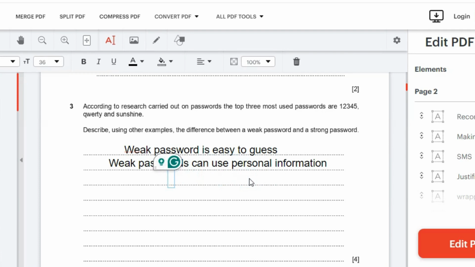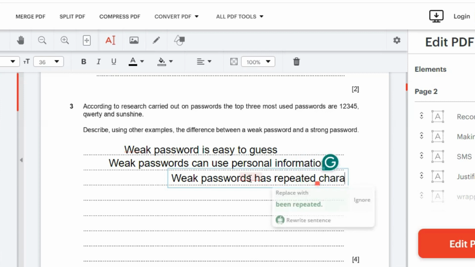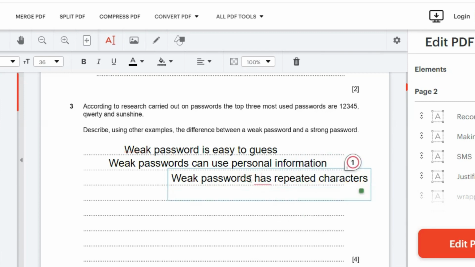Weak password has repeated characters. That's another example of a weak password.